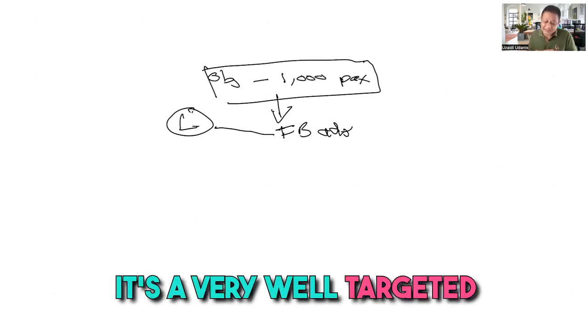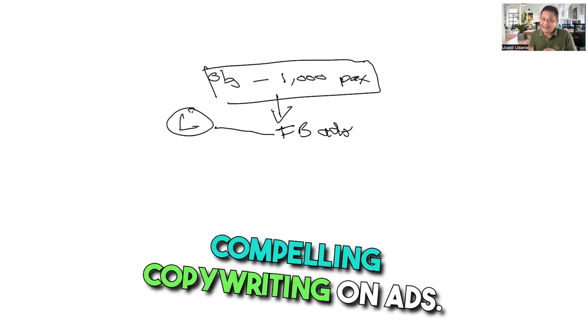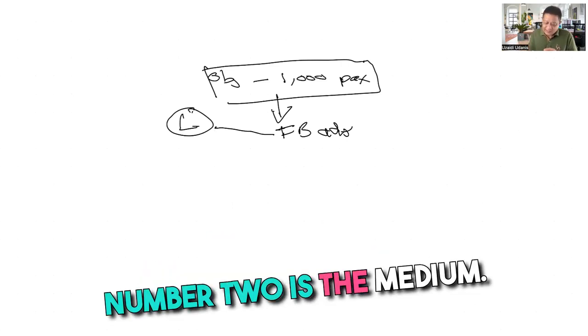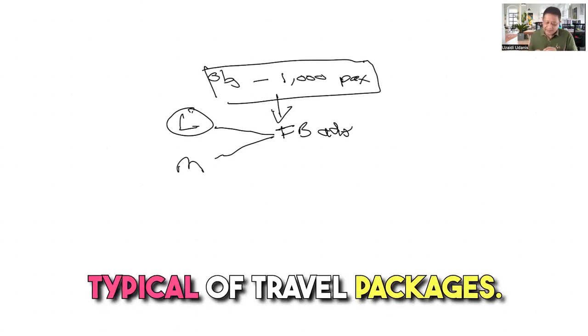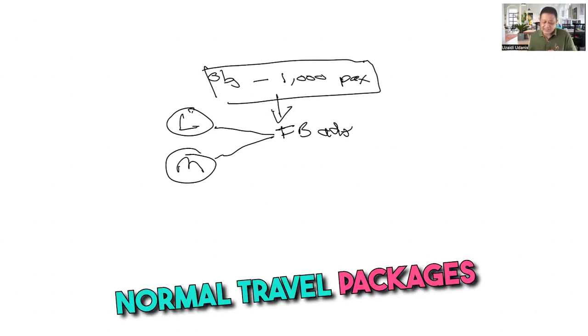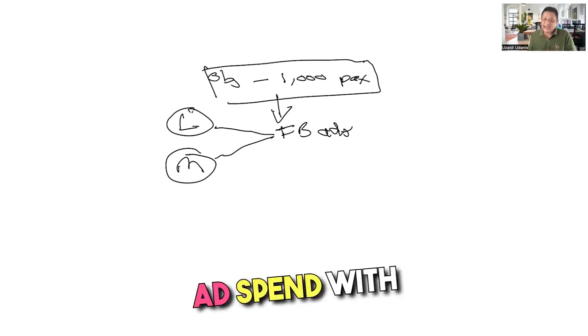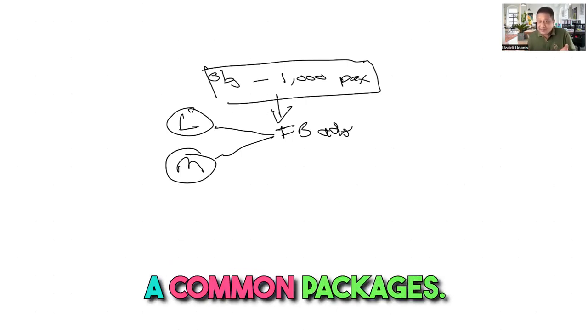It's a very well targeted audience, with compelling copywriting on ads. Number two is the medium. There are a lot of typical, normal travel packages, with a balance of ad spend and conversion. It's a common package.